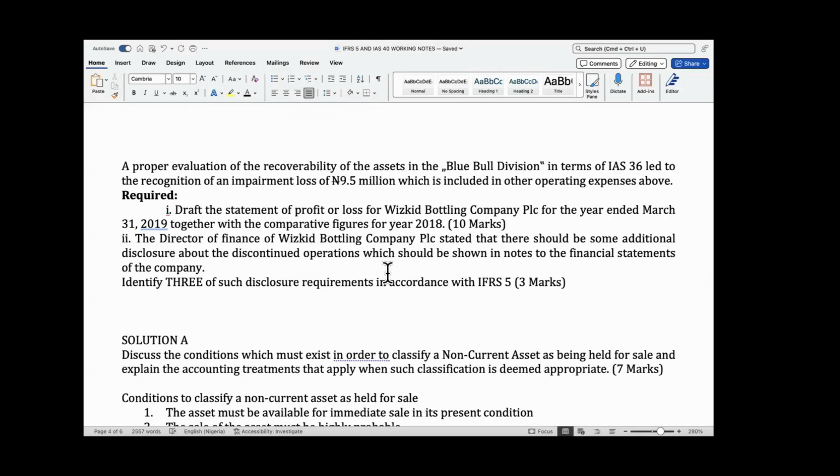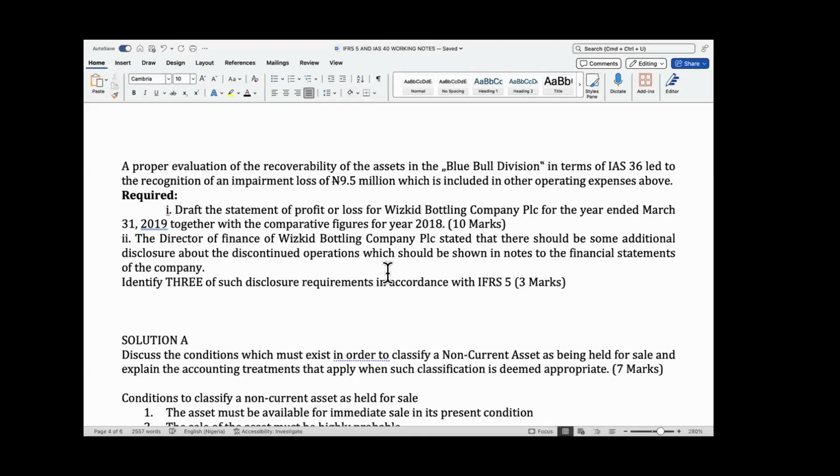A proper evaluation of the recoverability of the asset in the Blue Bull division in terms of IAS 36 led to the recognition of an impairment loss of 9.5 million, which is included in other operating expenses above.